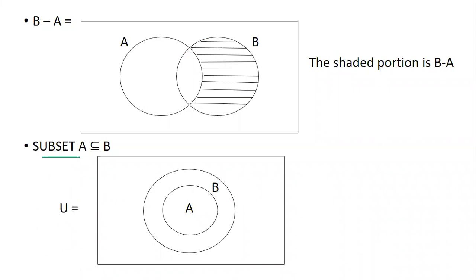Subset. Let us understand what is subset, how to draw or represent a subset. This is very, very important. Now, subset means the set which involves all the elements of the other set. Correct? Now, let's take an example. With examples, I think it will make it easier for you.